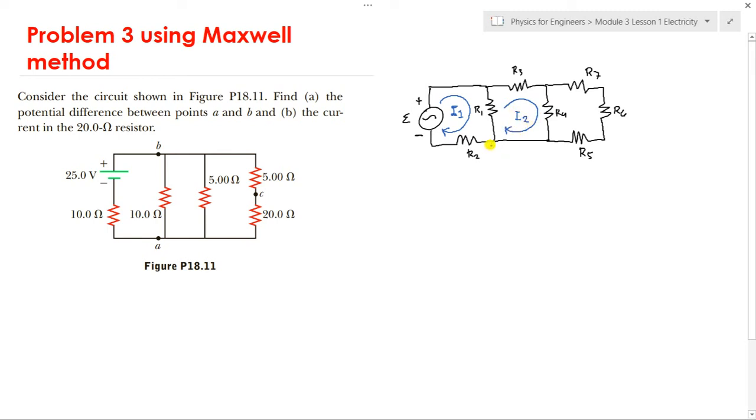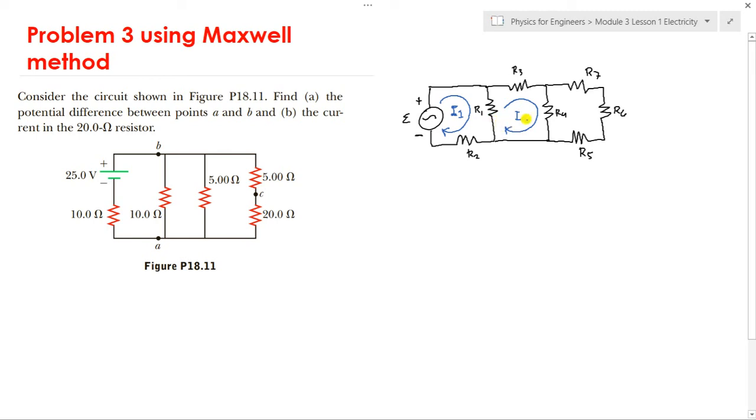Again, take note, be mindful of the current that passes through each resistor. Let's say here for R3, only I2 may pass. However, for R1, there are now 2 currents, because I1 is also passing there, and also I2, but of opposite direction.